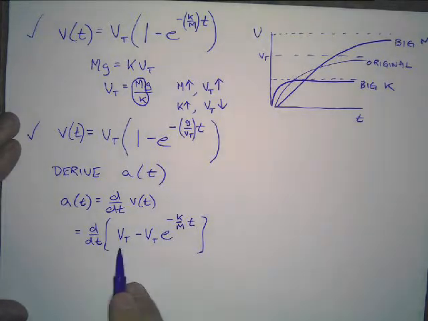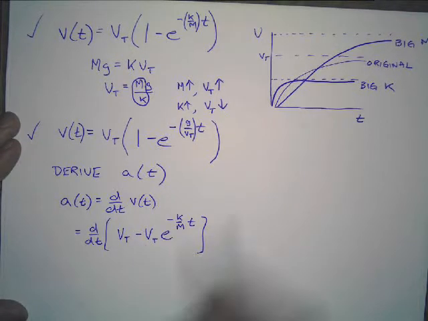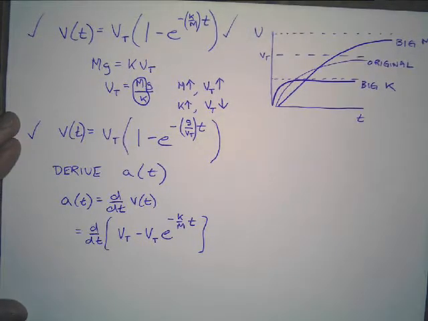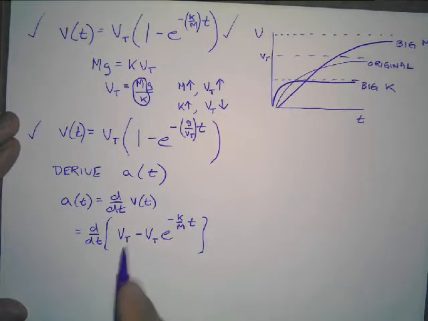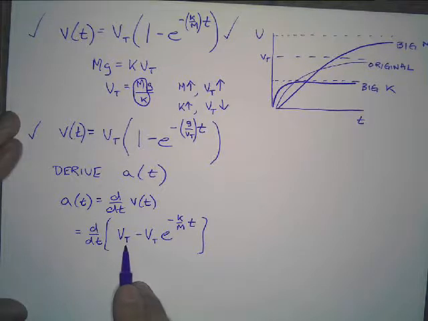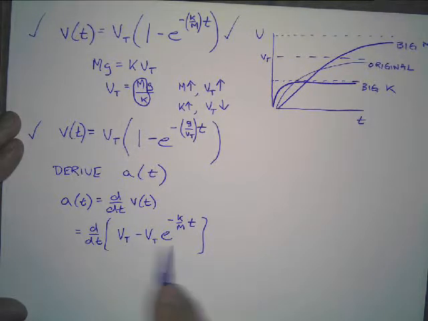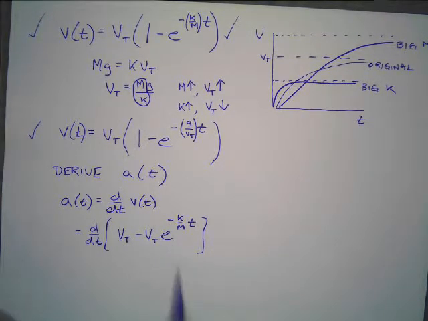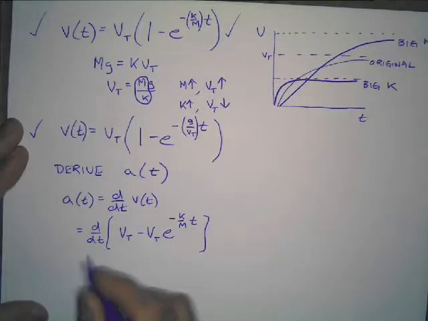I multiplied the terminal velocity term out to make it easier, but it's really the same thing as what we have up here. Okay, and the reason I multiplied that out is because I hope you can see that this term here just goes away. The derivative of a constant should be nothing, and then you're left with the derivative of this. So let's do the math on that.